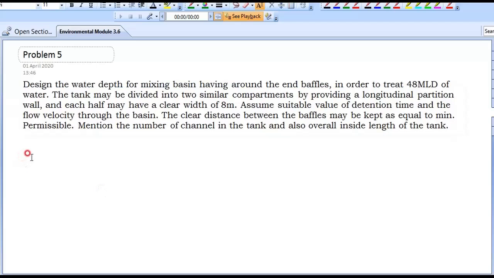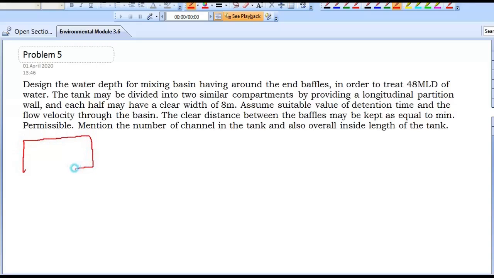They are asking about a mixing basin. We have two types of mixing basin: one is a mixing basin with baffle walls, and the second is a mixing basin with mechanical equipment, a stirrer. Here we only need to use baffle walls.